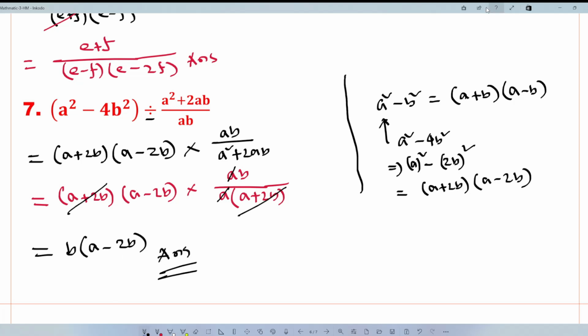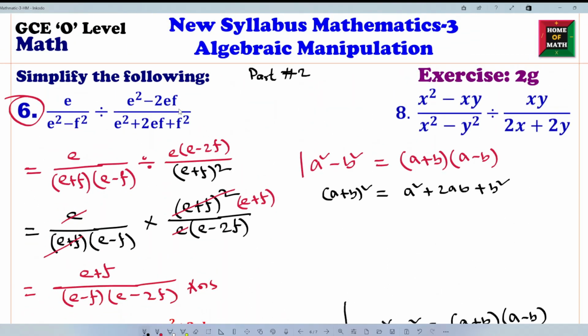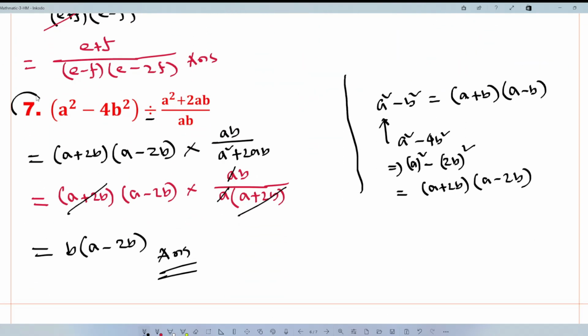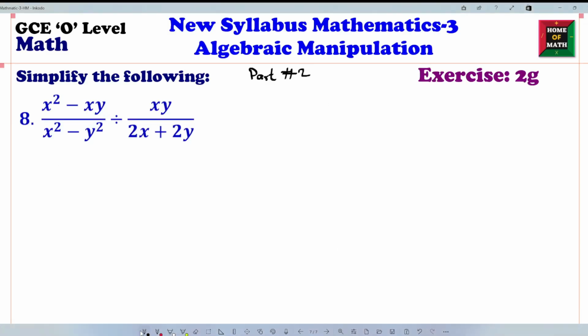So 6 and 7 we already completed. 6 done, 7 done. Now we will start number 8. Number 8, here is x square minus xy divide x square minus y square divide xy divide 2x plus 2y.